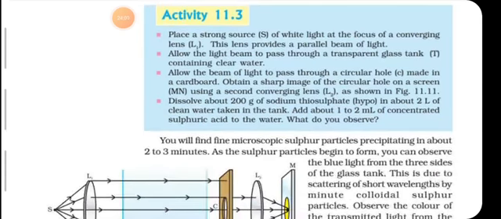Place a strong source S of white light at the focus of a converging lens. This lens provides a parallel beam of light. Allow the light beam to pass through a transparent glass tank containing clear water.